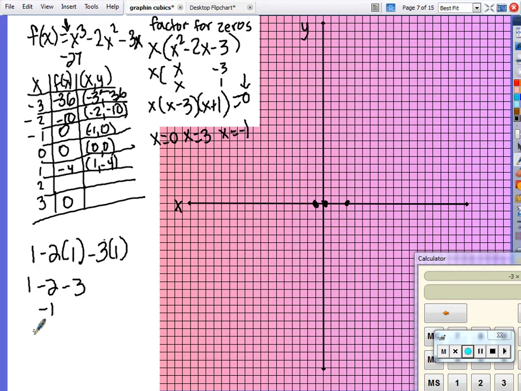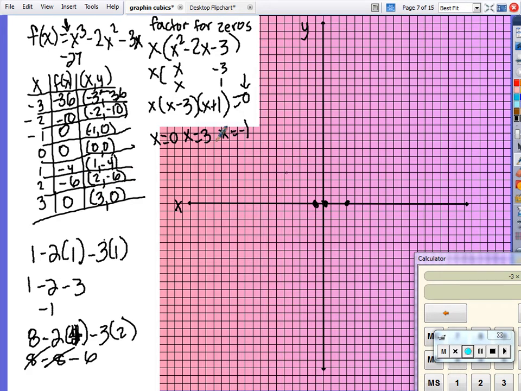So last one. 3 cubed is 27 minus 2 times 3 squared, which is 9. So that's 27 minus 18. And then minus 3 times 3, which is negative 9. So that's 0. Our other zero.